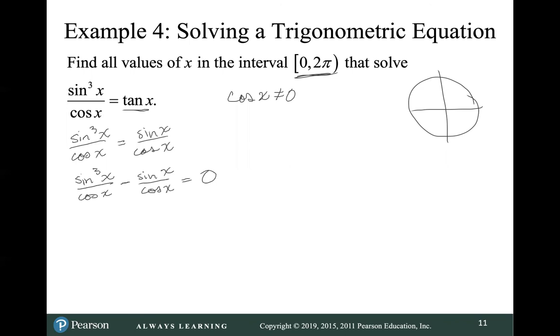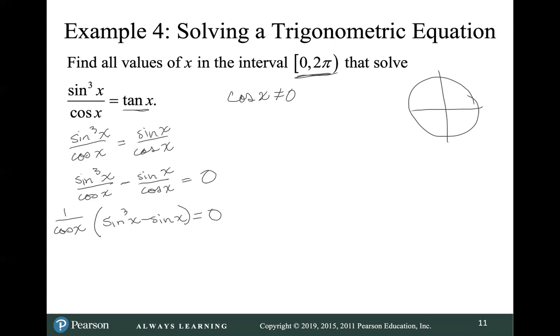I have it set equal to 0, so we can use the zero factor property. So I'm going to start by factoring 1 over cosine of x. That way I don't have to deal with the fractions anymore. Sine cubed x minus sine of x. Okay, well now there's a sine of x that I can factor. Now this is not sine squared of x, right?